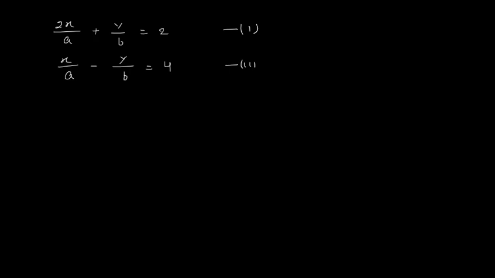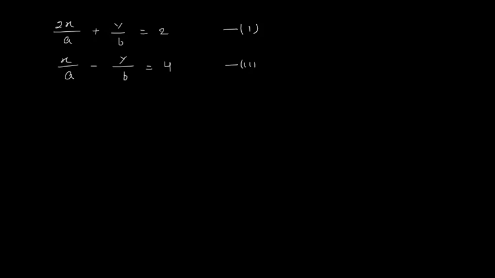So I will say that from 1, now I will try to find the value of x upon a. Here we have x upon a and y upon b. Okay, so I think it will be better that I will consider x upon a as some variable and y upon b as some other variable.